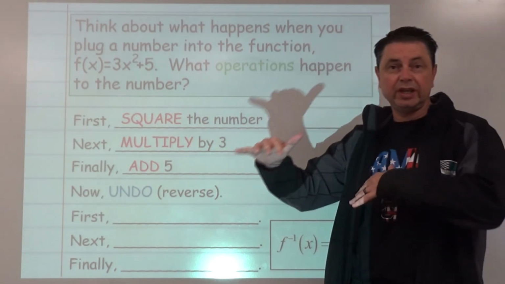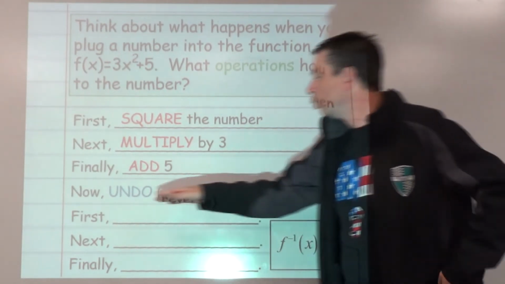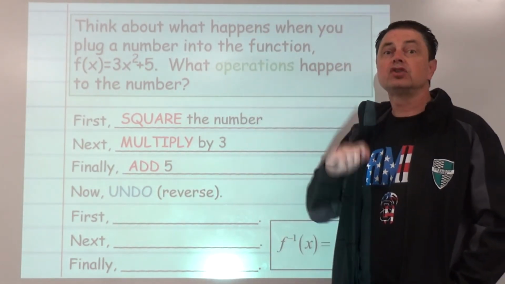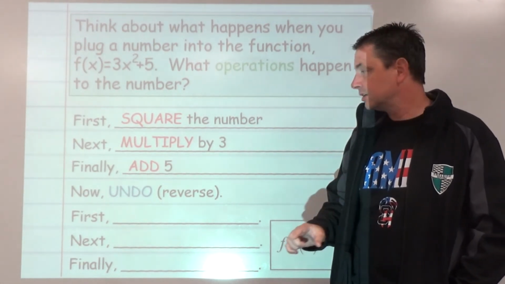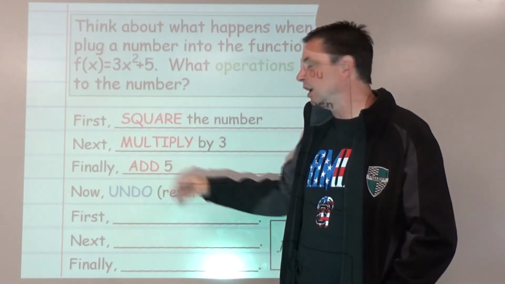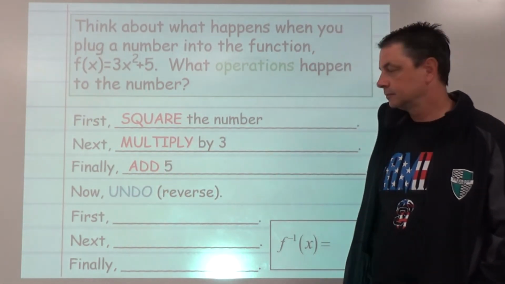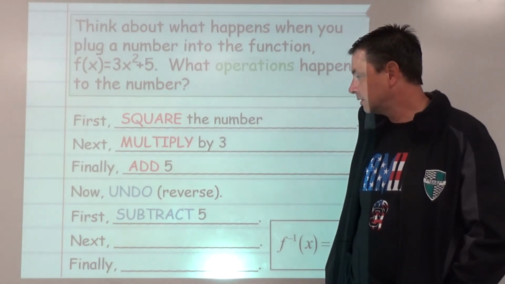So what if we reverse that all? What happens first? To completely reverse it, we want to undo. So we'll start at the bottom. How do we undo adding 5? We're going to subtract the 5.